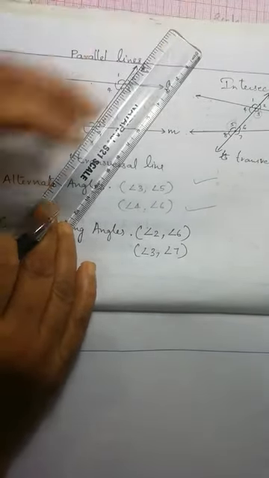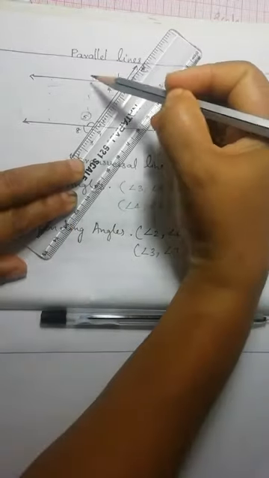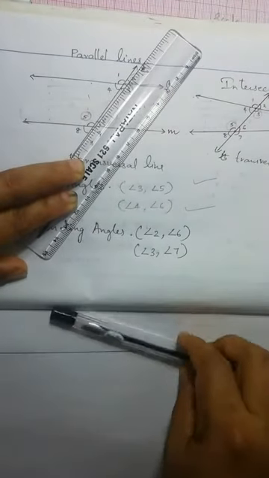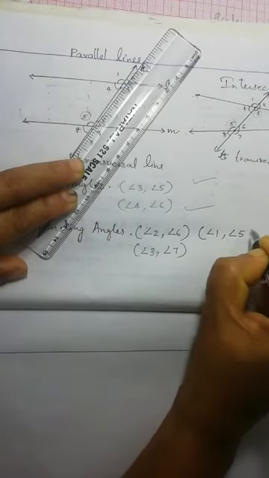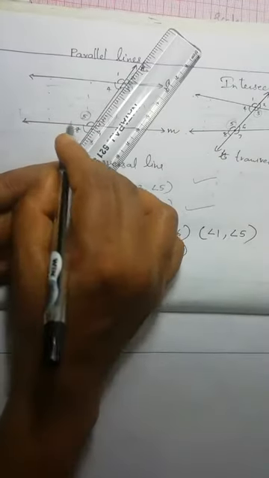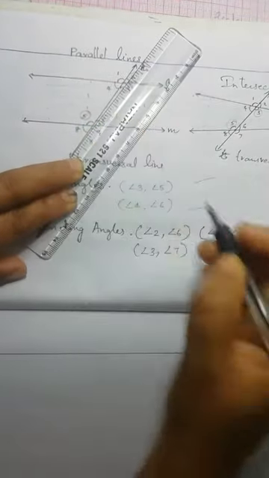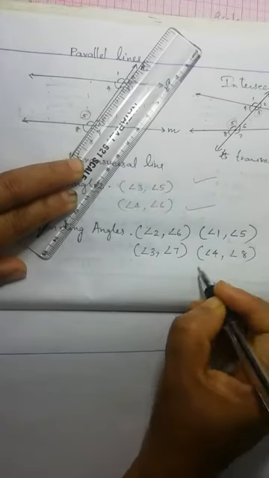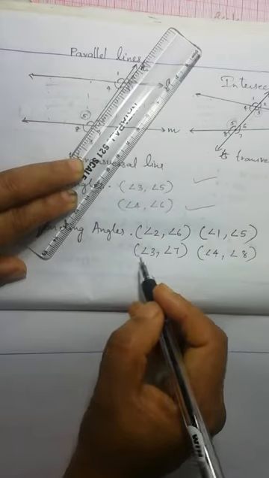Another side of transversal also we can take, and above the line. Which are the angles above the line? That is angle 1 and angle 5. Okay. And below the line, angle 4 and angle 8.